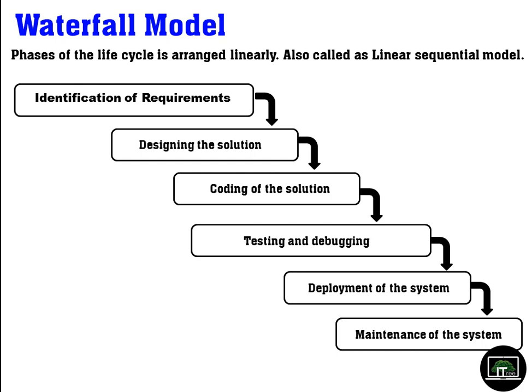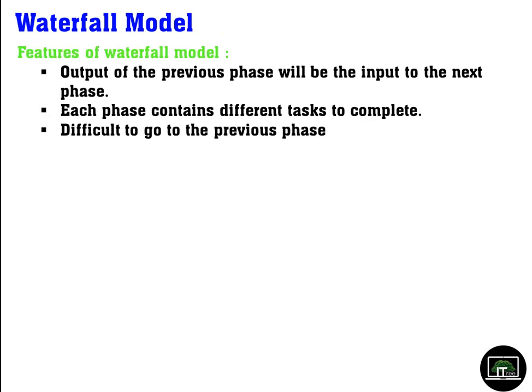The only thing is, this is a linear pattern. The life cycle is a cycle model; this is a linear model. So we look at some features of the waterfall model. Output of the previous phase will be the input of the next phase. Each phase contains different tasks to complete. It is difficult to go to the previous phase. It may be difficult to go back, so it is always going down.